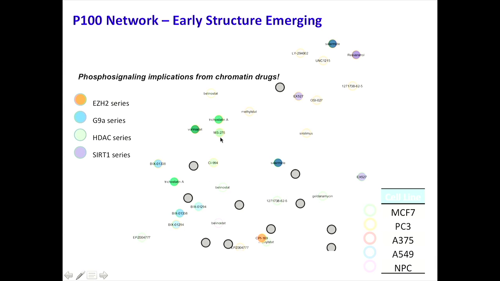So the fact that the HDAC inhibitors have any phosphosignaling consequences at these short time points at all is sort of surprising. But at least through the lens of phosphosignaling, trichostatin is doing what it's advertised for. And so we can see some early structure emerging through the phosphosignaling data here, and we look forward to building out this collection a little bit more.